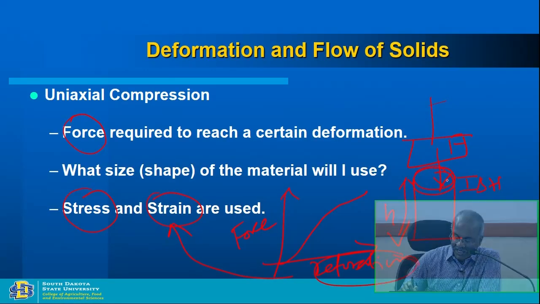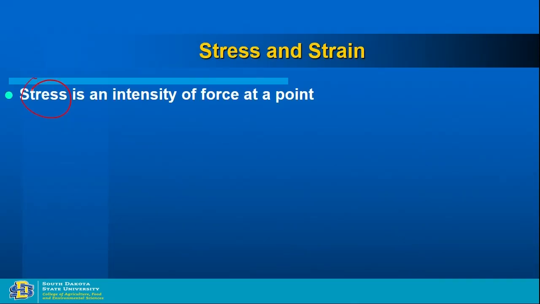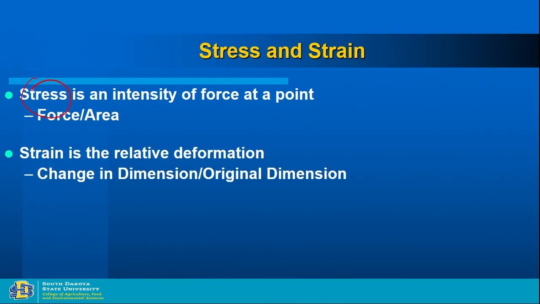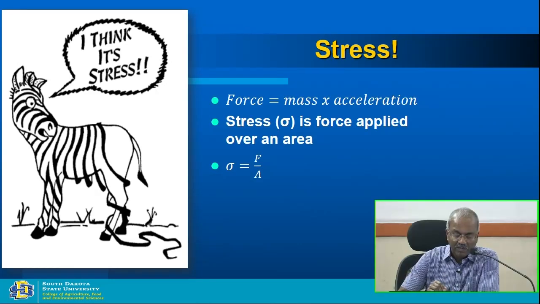So force over area is stress, and change in dimension over the original height gives you the strain data. What is stress? Force is mass times acceleration, and stress is a force applied over an area. So sigma is equal to force over area. That gives you the stress.